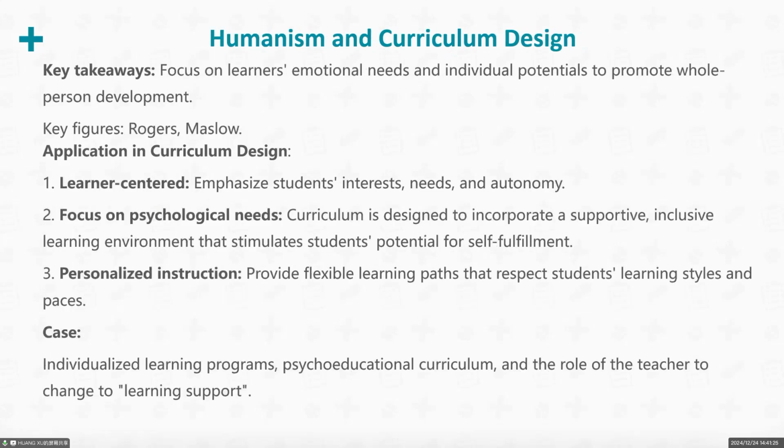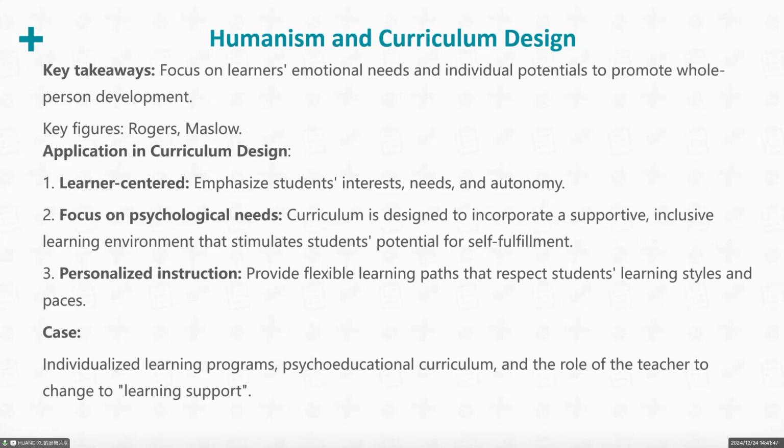And the last is humanism and curriculum design. Key takeaways: the focus is on learners' emotional needs and individual potentials to promote whole person development. Application in curriculum design: the first one is learner-centered, emphasizing students' interests, needs, and autonomy.